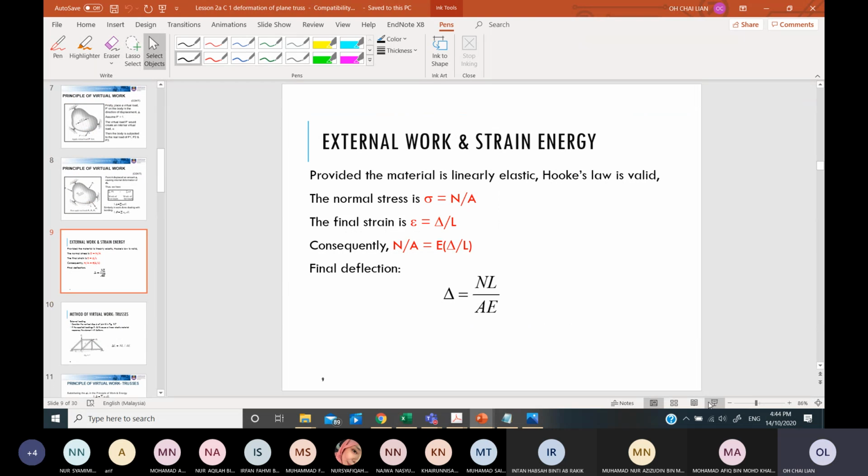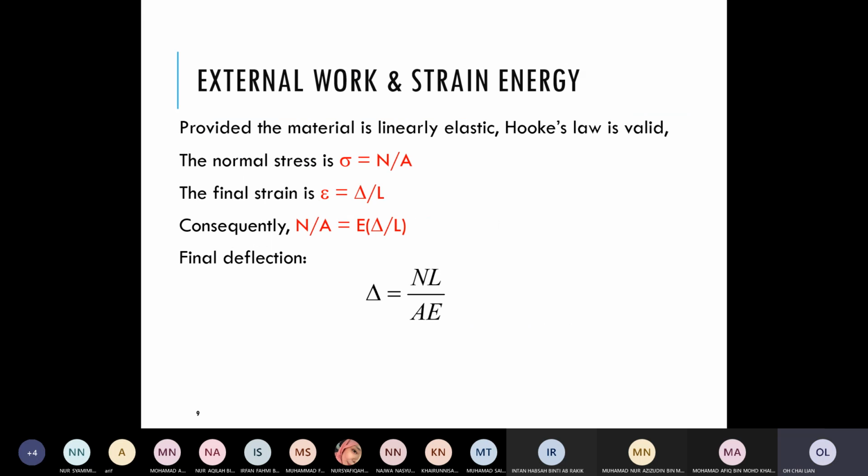Okay, so I'm going to pause these slides again and talk about this equation. How to get this equation? Because we are going to use this equation to determine the deflection in our next example.